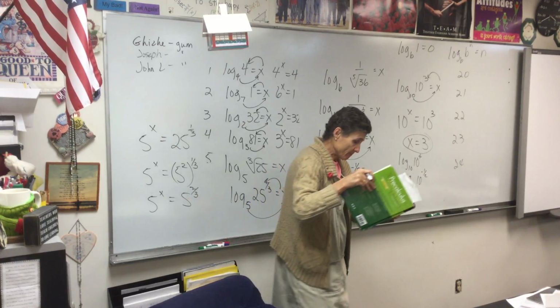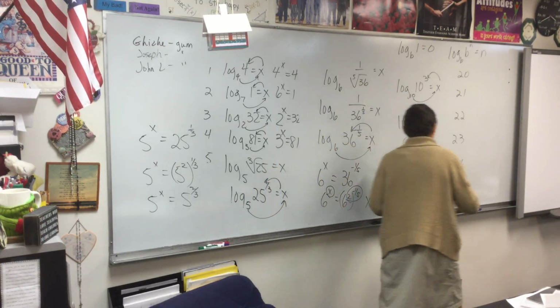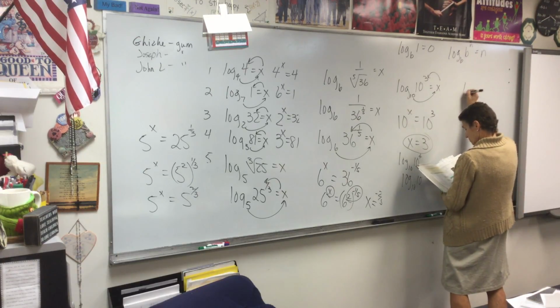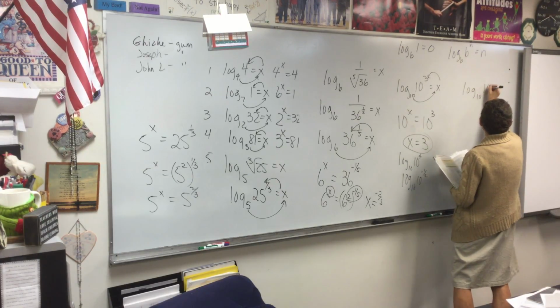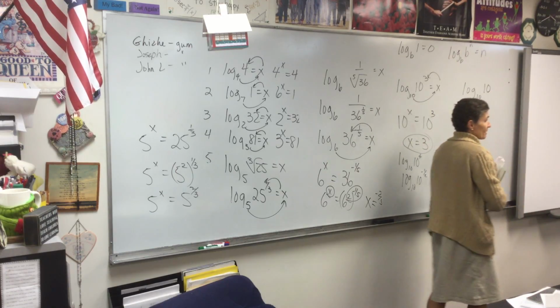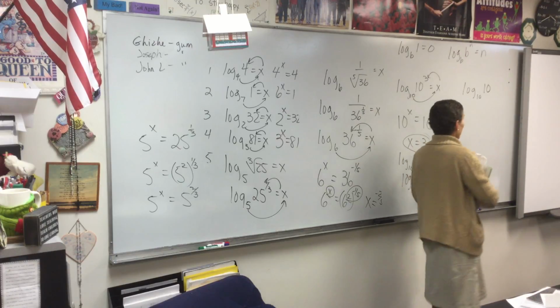Okay, that was 7. What was 8? Log base 10 of 10,000. What's 10,000? 10 to the 4th.